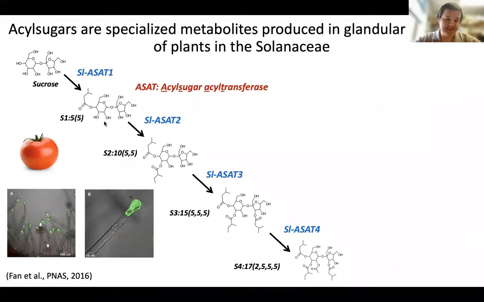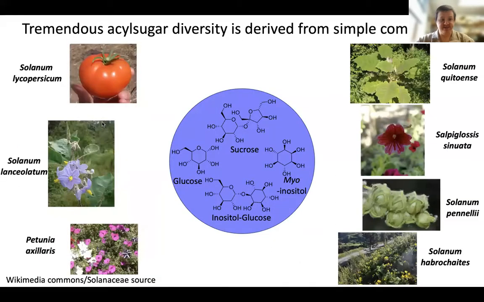Now, for us, it was particularly interesting when we moved beyond tomato. The reason was that there's a tremendous amount of acyl sugar diversity present across the Solanaceae family. All of the acyl sugar components I'm going to show you are derived from these 7 species on the slide.